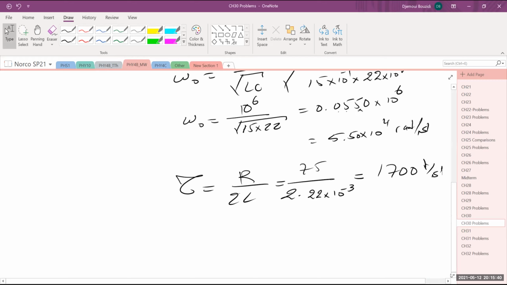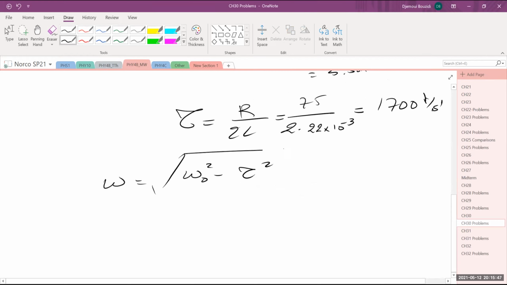Now, omega is going to be the square root of omega naught squared minus tau squared. So now I have to take the square root of the difference of the squares. It's the square root of, open parentheses, omega naught, which is this number.